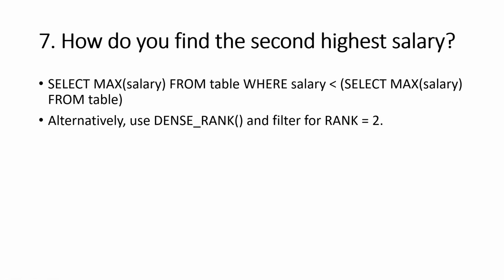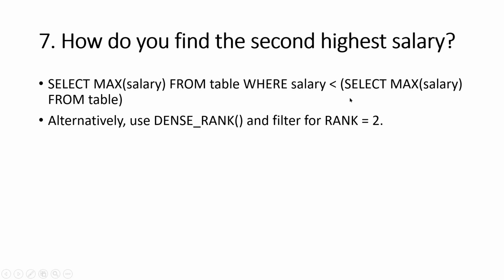How do you find the second highest salary? We can find the second highest salary by first finding the maximum salary. Actually, first you need to select the maximum salary from the table. So here you are selecting the maximum salary from the table. You now have the maximum salary, and this is written inside a subquery in order to filter the salary.